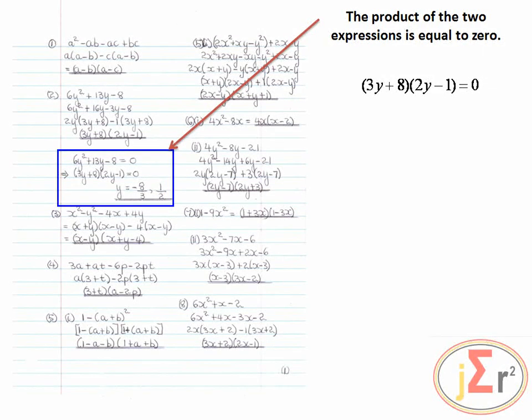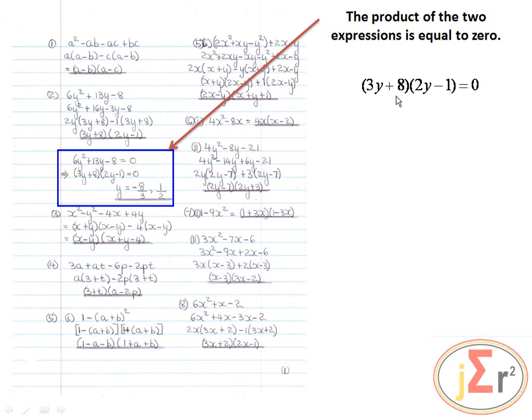The product of the two expressions is equal to 0. So when we multiply this by this, the result is 0. What does that tell us? That tells us that since we have two things, numbers, expressions, symbols, as long as they are being multiplied and the result is 0, at least one of them is equal to 0.